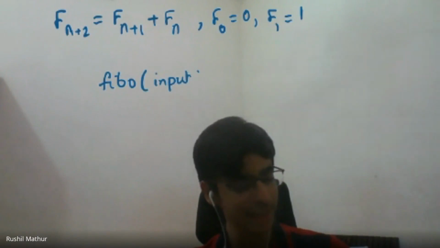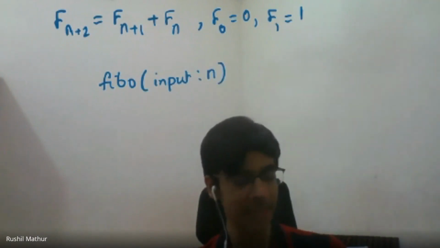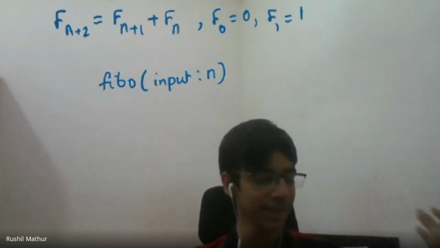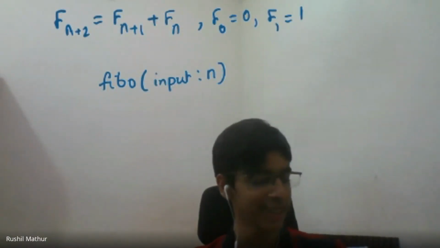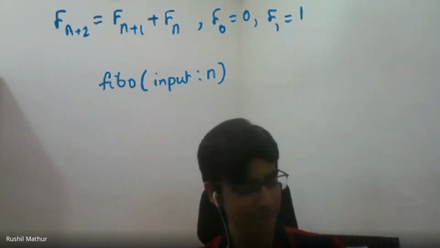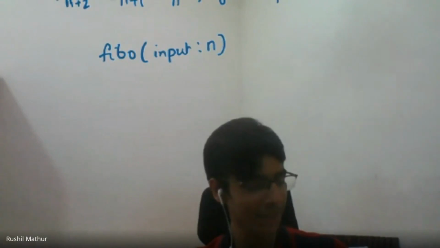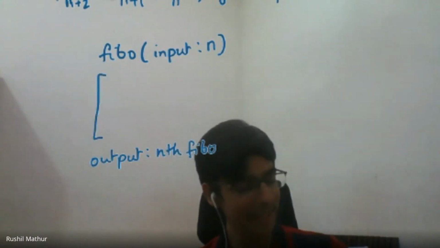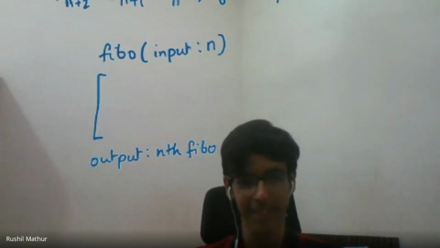Your input is a value n, which is the number of the Fibonacci you want, let's say you want the nth Fibonacci number. And the output of this function is the nth Fibo number. In between, there'll be certain steps which will help you find this nth Fibo.